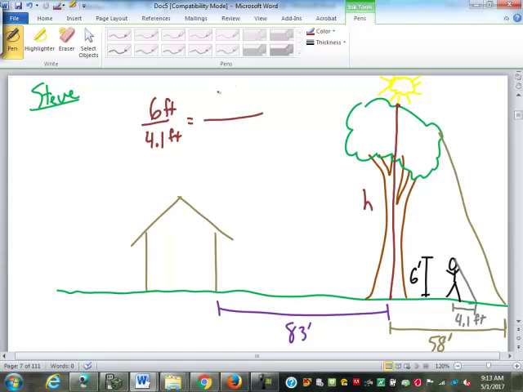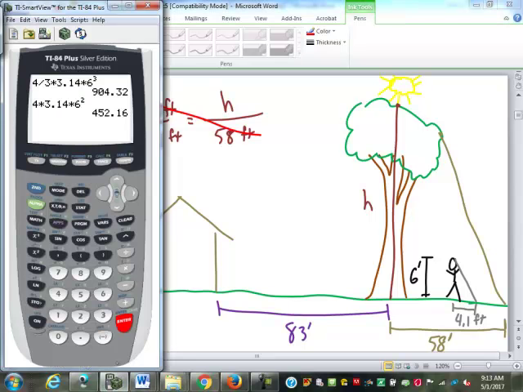H is the height, so that goes on top. 6 feet is Steve's height, that went on top, so the height of the tree goes on top. The shadow goes on bottom, the 58. So we are going to cross multiply 6 times 58 and divide by 4.1. We get 84.88 feet.